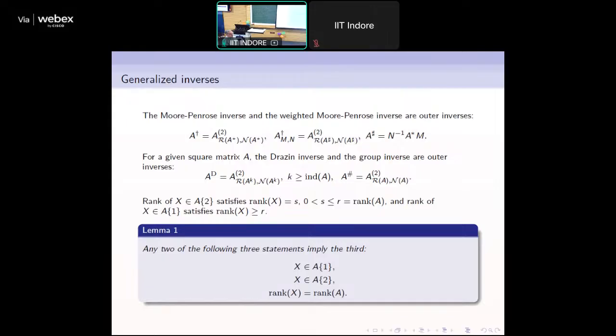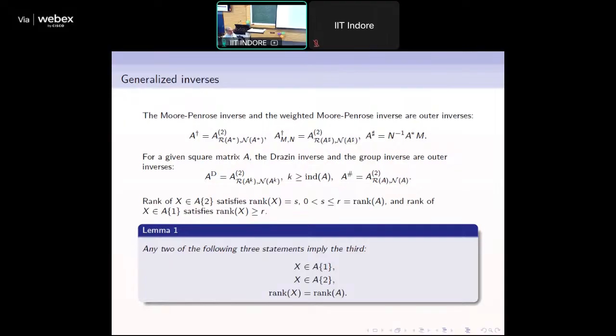What is the difference between Moore-Penrose inverses and weighted Moore-Penrose inverses? The weighted Moore-Penrose inverse is related to two positive definite matrices, M and N. The range and null space of the weighted Moore-Penrose inverse are defined using these matrices.